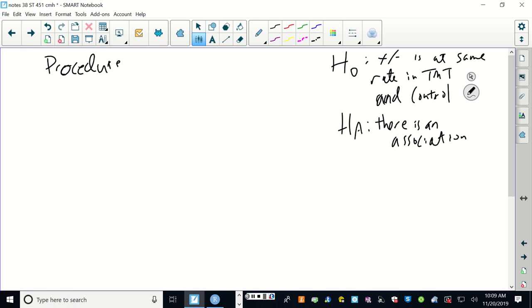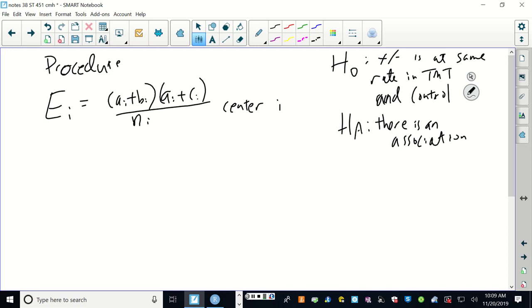Right. So the procedure for testing this is we're going to calculate the expected value under independence in each cell. So E sub I in center I is going to be (AI plus BI) times (AI plus CI) over NI, in center I. That expected value has a variance.